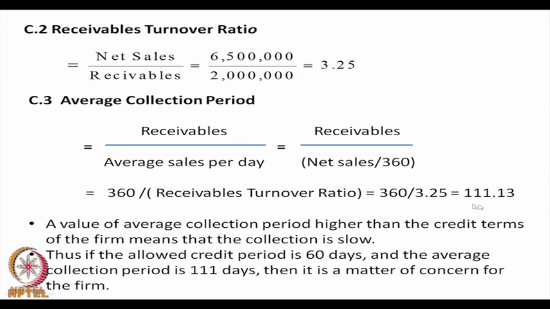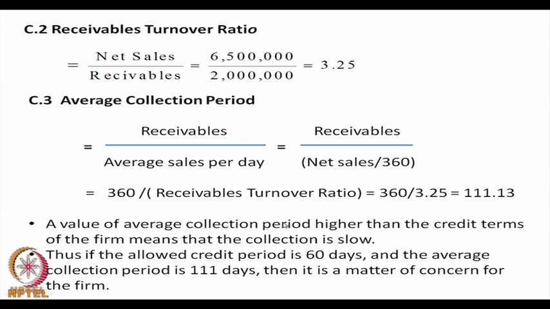It means that on an average the company is able to get its payment from its customers who have purchased their items on credit sales within 100 or after 111 days, and 111 days means about 4 months. 30 days in a month, 4 months means 120 days.